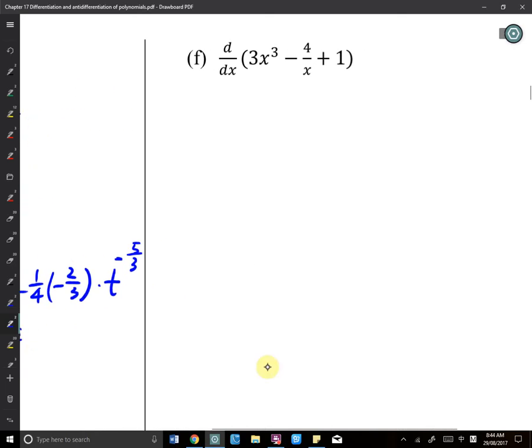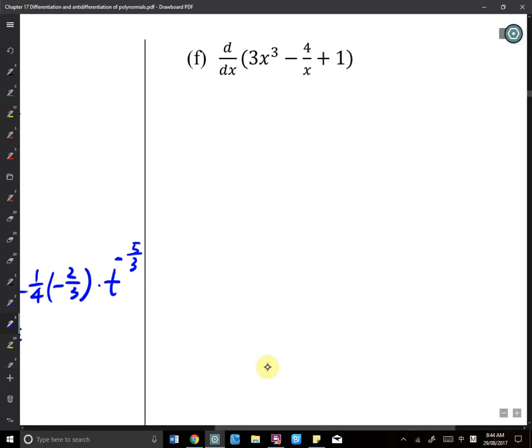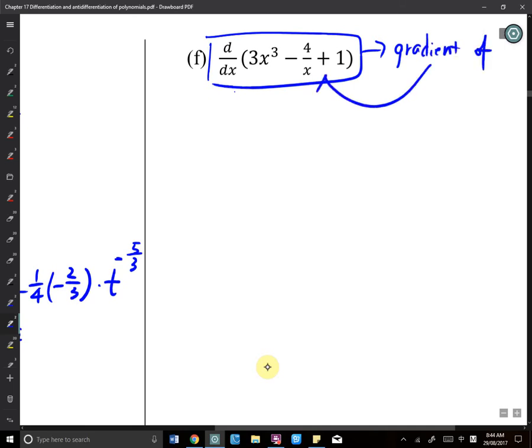And for F, as I said, this notation together just means derive this function according to x. So that already means the gradient of this function.